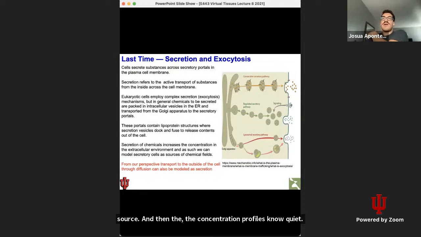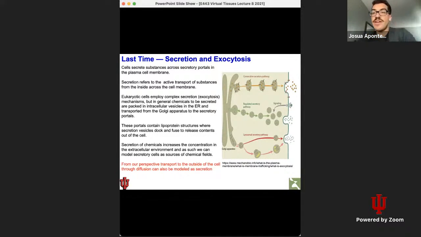Then we talked about secretion and exocytosis. We talked about how these are important processes that cells use to release intracellular substances that might be signaling molecules, or might be excretion from different cellular processes.